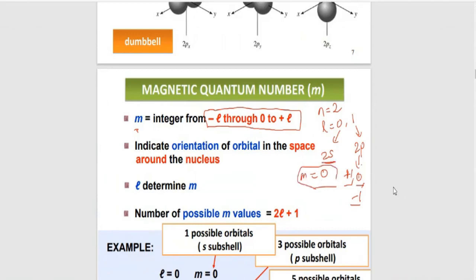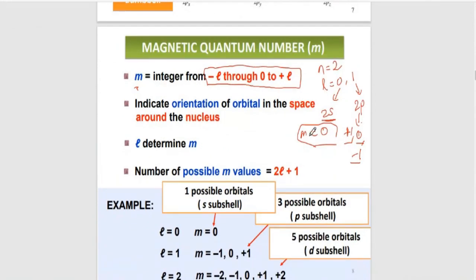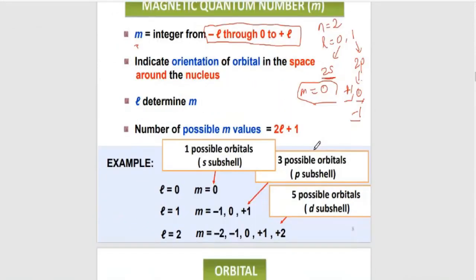So, okay, kalau tak percaya kita cuba lagi satu ialah D orbital. D orbital kena start dengan N sama dengan 3. Kalau N sama dengan 3, L sama dengan 0, 1 dan 2. Jadi dia kena nilai negative 2, negative 1, 0, positive 1, positive 2.